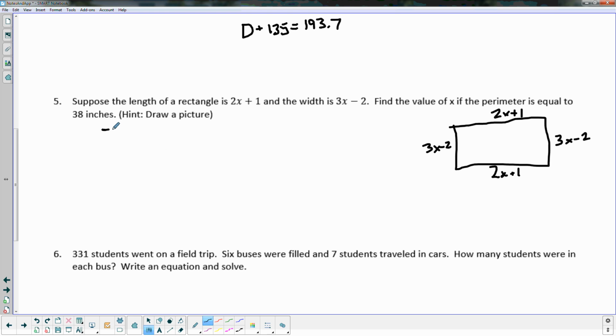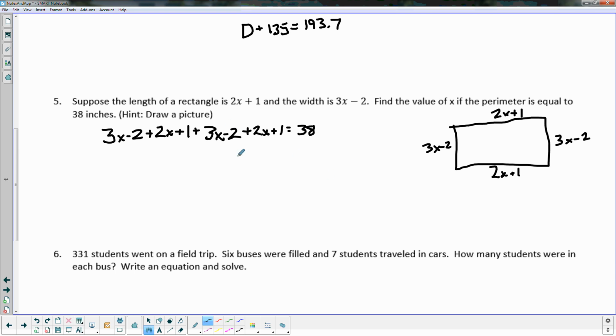But what I get here is perimeter means add up all the sides. So if I take 3x minus 2 plus 2x plus 1 plus 3x minus 2 plus 2x plus 1, that would give me a perimeter of 38 inches.